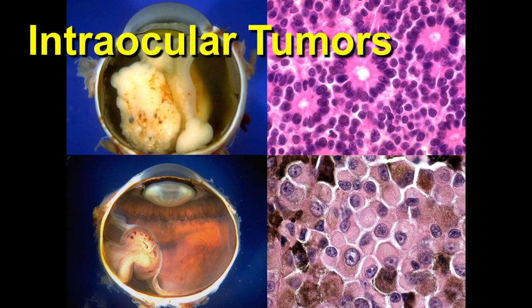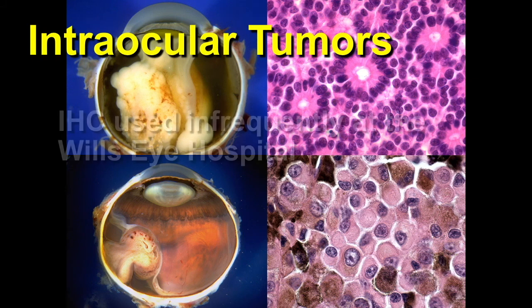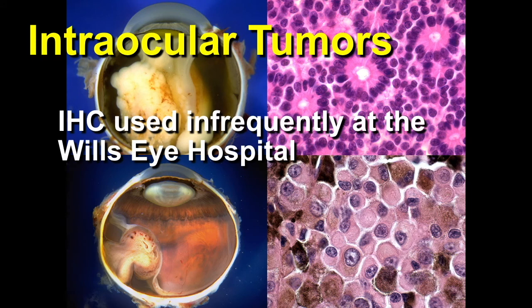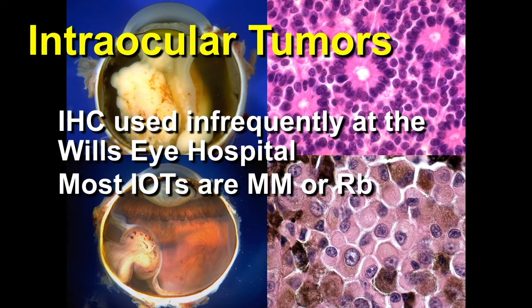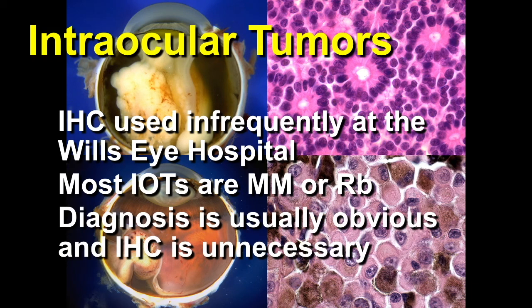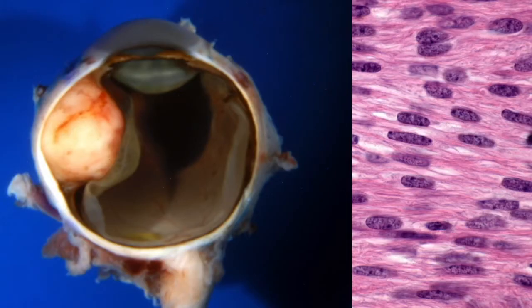In our lab, immunohistochemistry is used infrequently in the diagnosis of intraocular tumors. Most intraocular tumors are melanomas or retinoblastomas, and the diagnosis usually is obvious and immunohistochemistry is unnecessary. Immuno is used in rare cases like uveal leiomyomas or schwannomas.